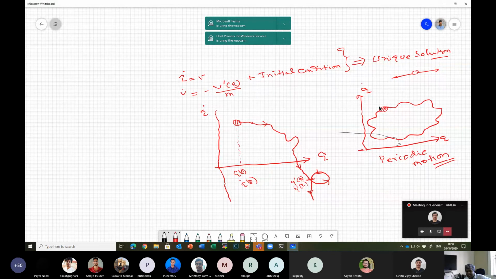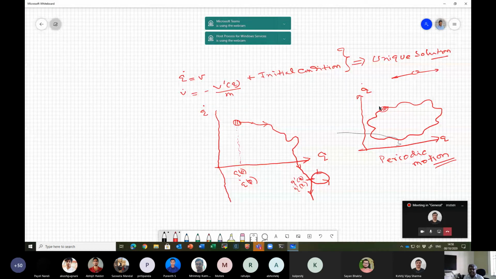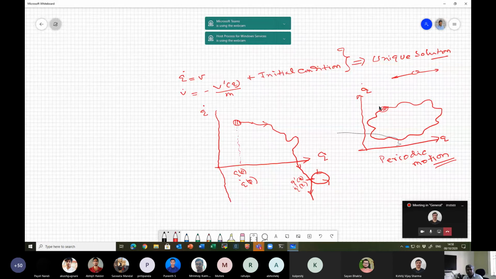Right. So this is actually the idea behind the phase space and how this phase space can be drawn. In your research career, you may need to draw this phase space trajectory several times. It's an important topic to understand, and also when trajectories can cross and when they cannot cross. Also this periodic motion, right?